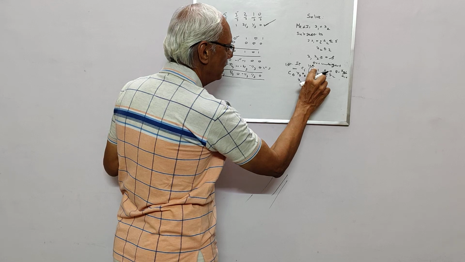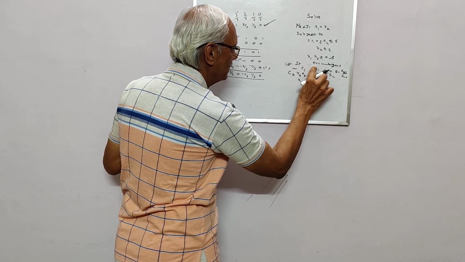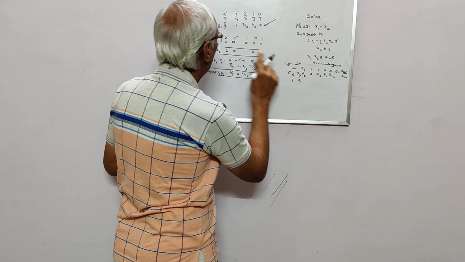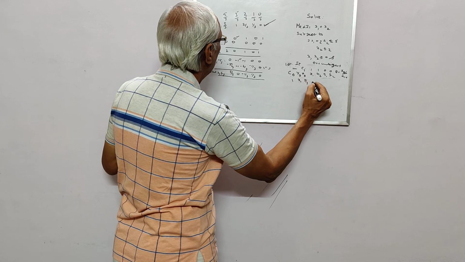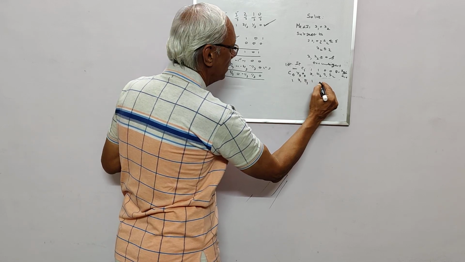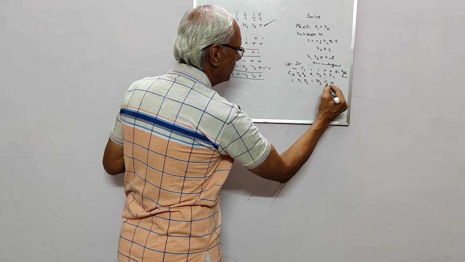Now you replace x1 here. What is the coefficient of x1 here? x1 is 1, and the right-hand side is 5 by 3. Then 1, 2 by 3, 1 by 3, 0.